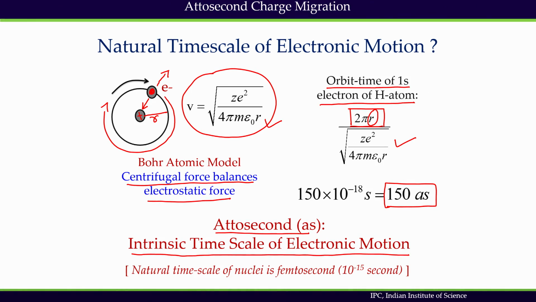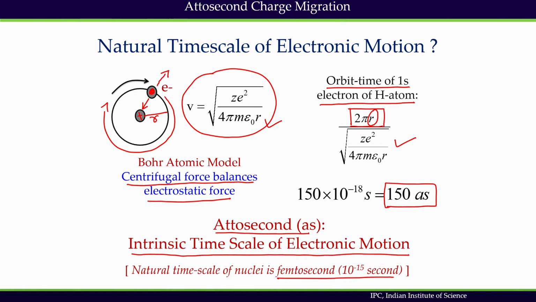It is going to be attosecond time scale. The natural time scale of the nucleus, on the other hand, is going to be femtosecond, that we have already seen. When we talk about the natural time scale of the nucleus, it is nothing but manifested by the vibration of a bond.